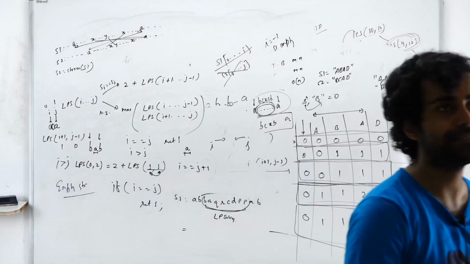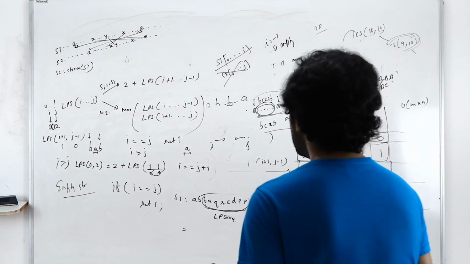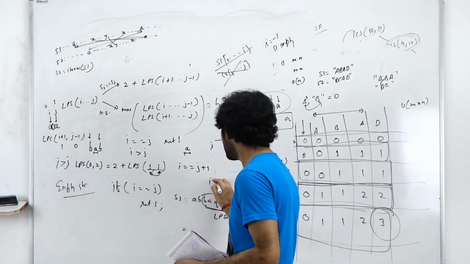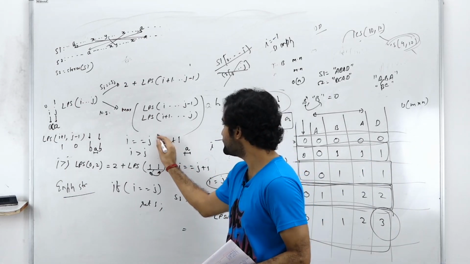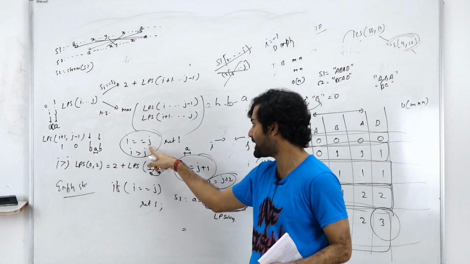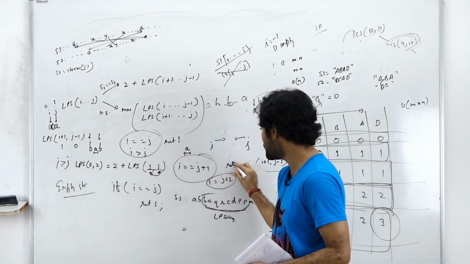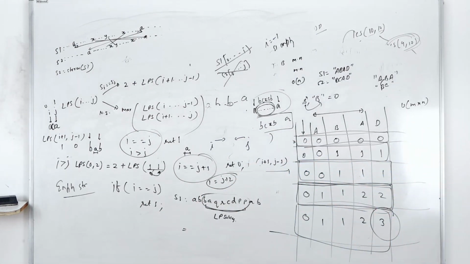Can I say that? So both of them are same, right? Because I will never allow I to become J plus 2. Either I will terminate at I equal to J, or I will terminate at this. The moment this becomes true, I will return 1. The moment this becomes true, I will return 0. Clear to all? Are you able to understand?